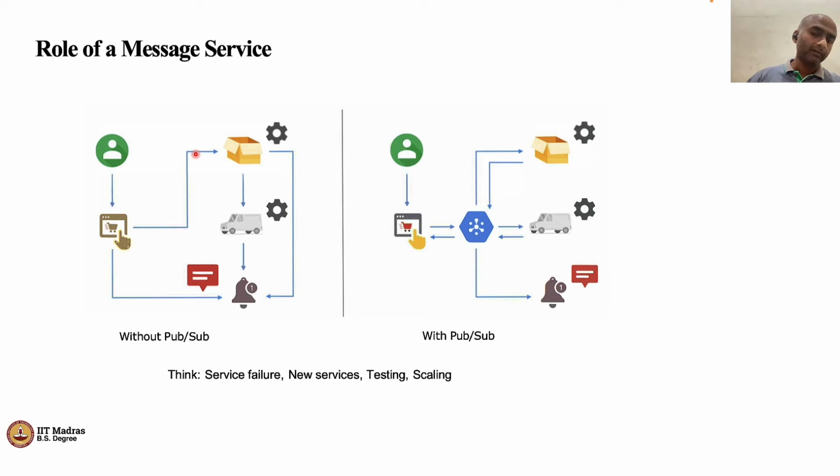Why is that required? Because that allows you to build each of these different capabilities in a way that does not have to worry about how it impacts these other systems. So it introduces basically a decoupling of these different systems that allows you to independently build and test and scale the respective services.